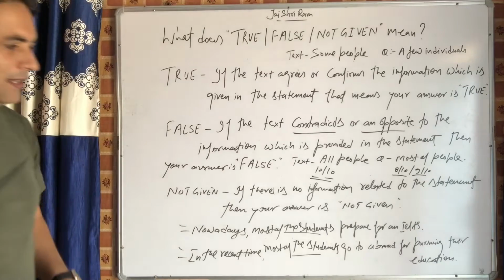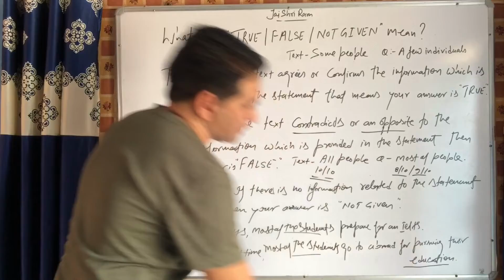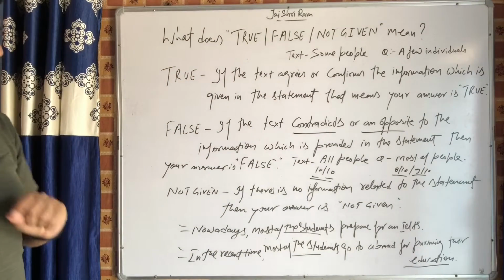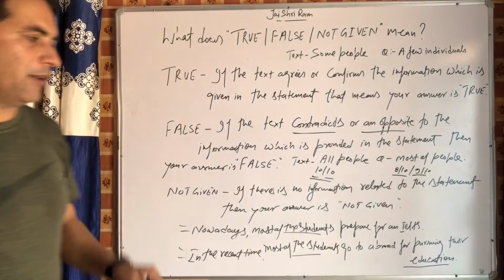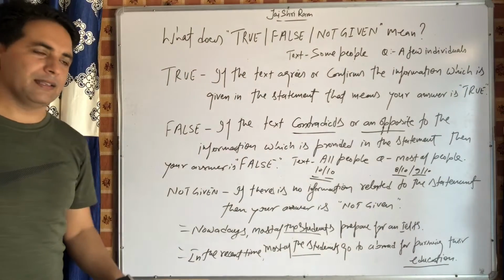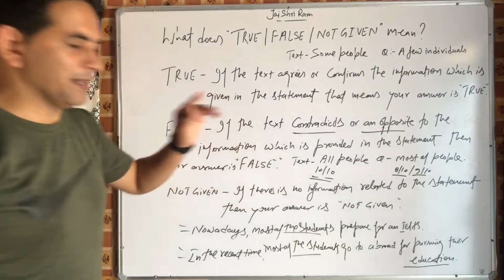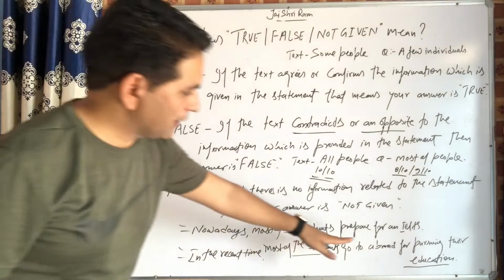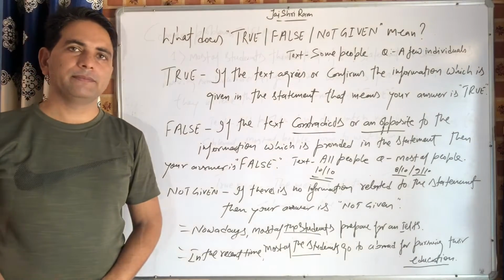So in your statement we are talking about pursuing their education, and in the text we are talking about preparing for an IELTS. There is no information related to the statement in your text. So in this condition your answer will be not given.